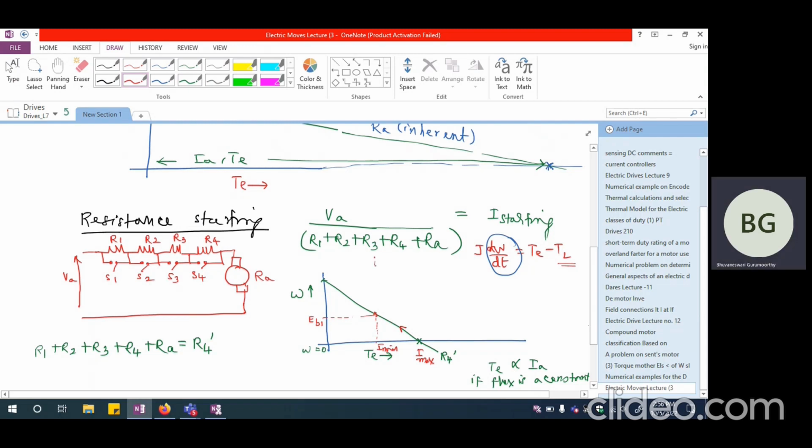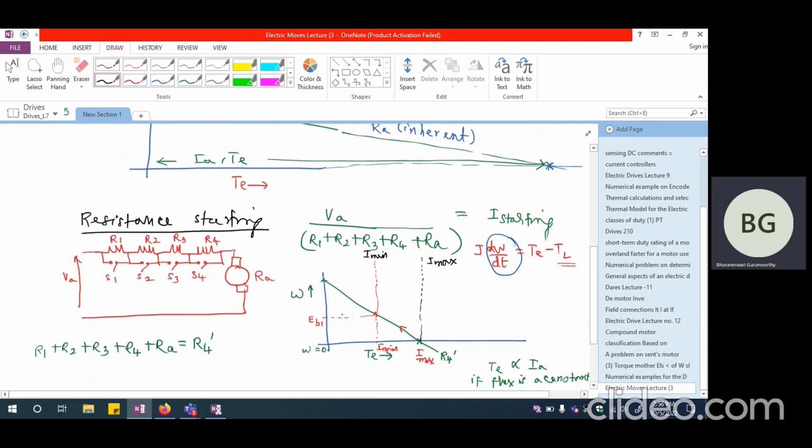So I'm going to allow the current to vary only between I max and I minimum. The I max limit is set based on the value of the current that can be commutated successfully by the commutator. So this is going to be I max and this is going to be I minimum.